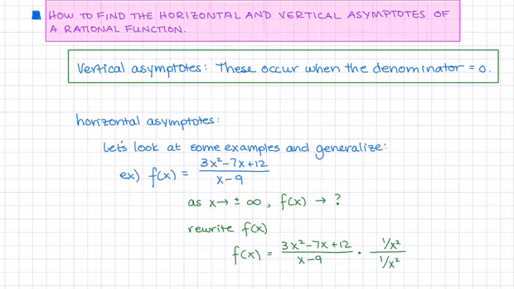The reason why I'm choosing x squared is because 2 is my biggest exponent in the problem. Between the numerator and denominator, 2 is the biggest exponent in the function.